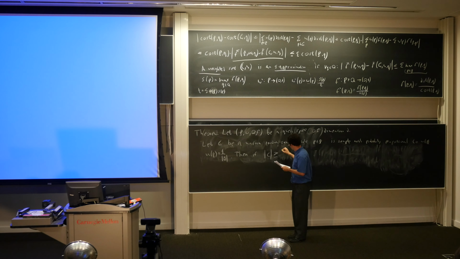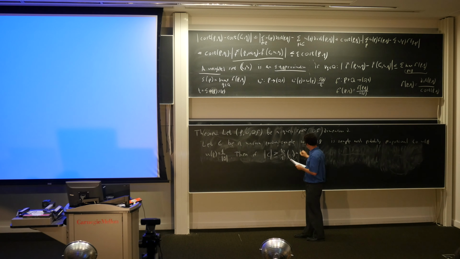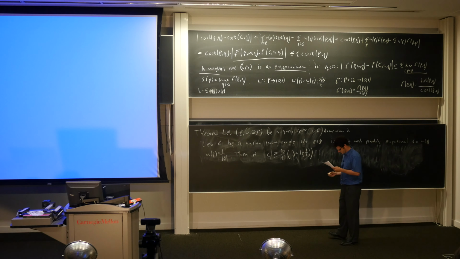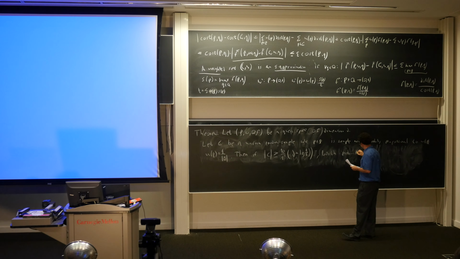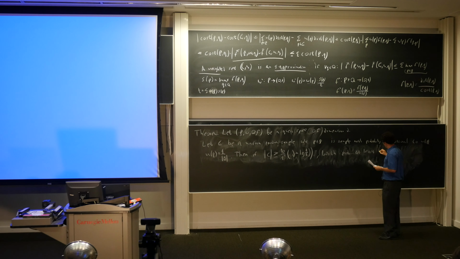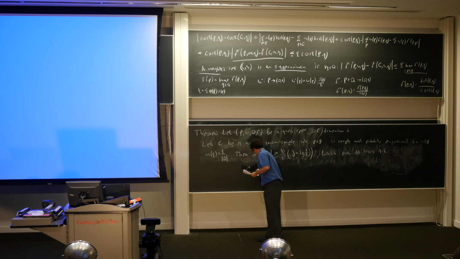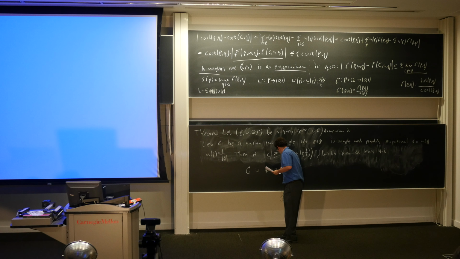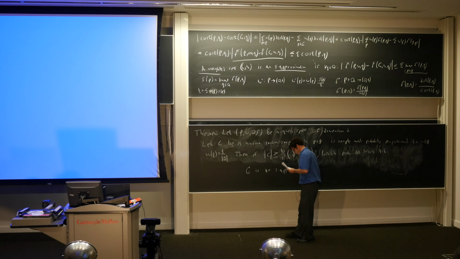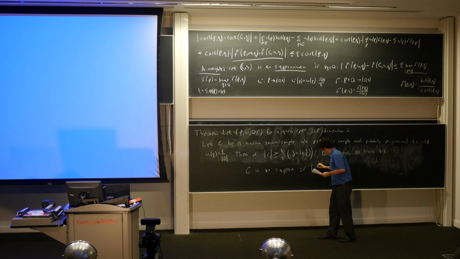The claim is that if you sample d, which is the dimension, plus log 1 over delta, where delta is the probability of failure, then we get that with probability at least 1 minus delta, C is an epsilon approximation of the query space.